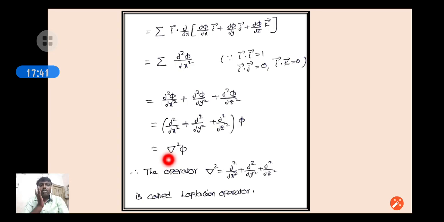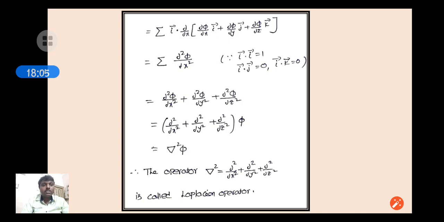Whenever you require to apply del square, that means ∂²/∂x² plus ∂²/∂y² plus ∂²/∂z². It is enough to remember that as del square. The same thing I am writing here. The operator del square equal to this is called the Laplacian operator.